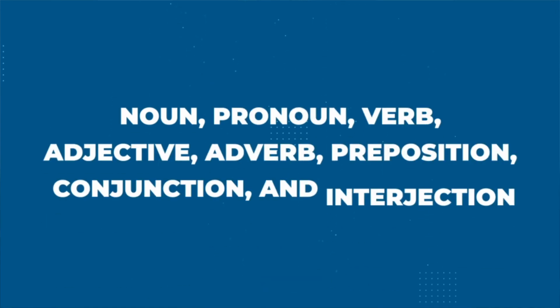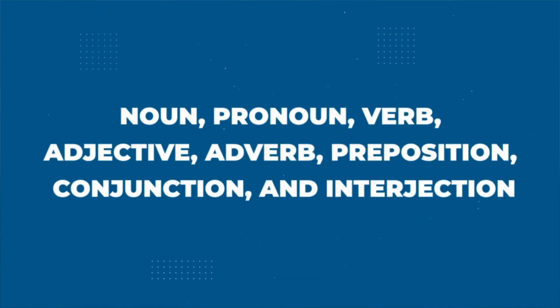The part of speech indicates how the word functions in meaning as well as grammatically within the sentence. There are 8 parts of speech in the English language: noun, pronoun, verbs, adjectives, adverbs, preposition, conjunction, and interjection.